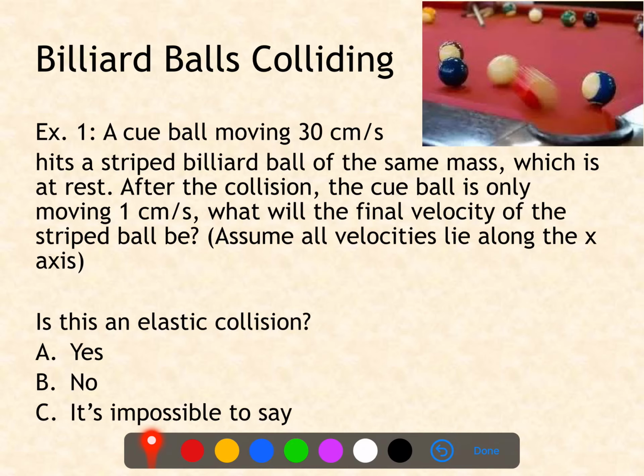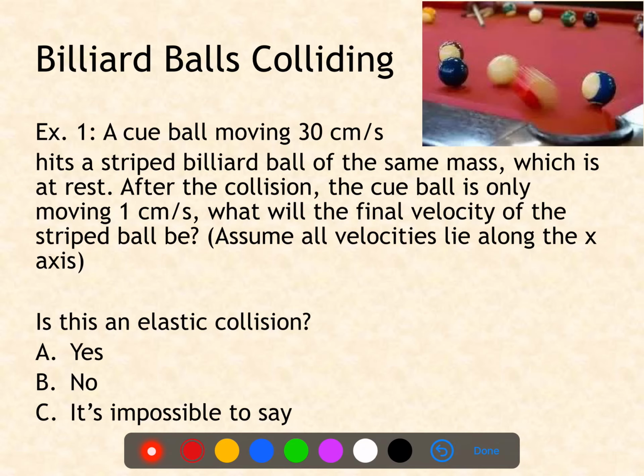So in other words, I'm going to apply the law of conservation of linear momentum first to figure out what's actually going on, and then I'm going to see if that fits with the idea that the kinetic energy may or may not be conserved.